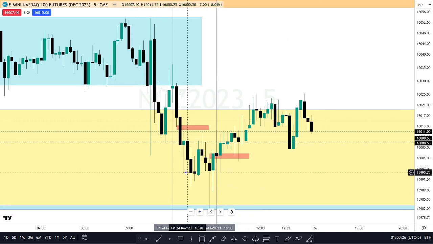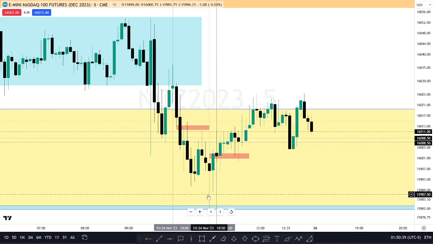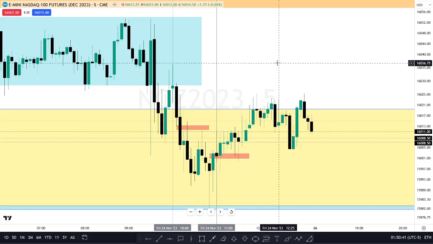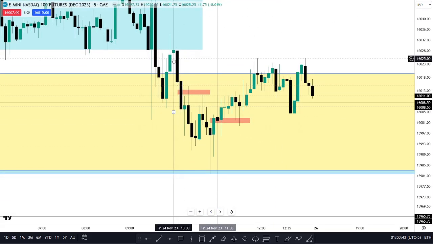Why? Because this low is responsible for this fair value gap, and this low was taken out. But you could have trusted it because this was not yet taken out, until it came and reached your TP. Let's remove this.